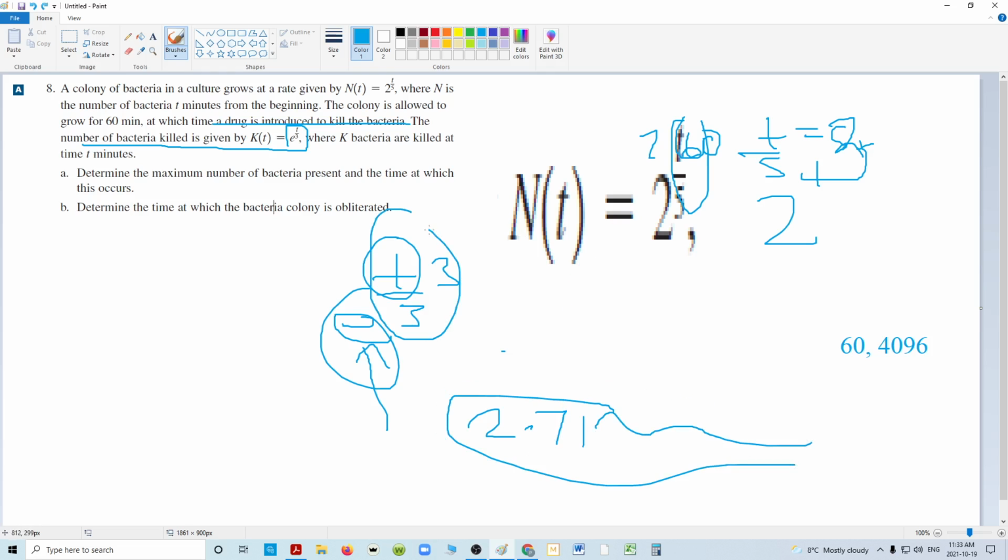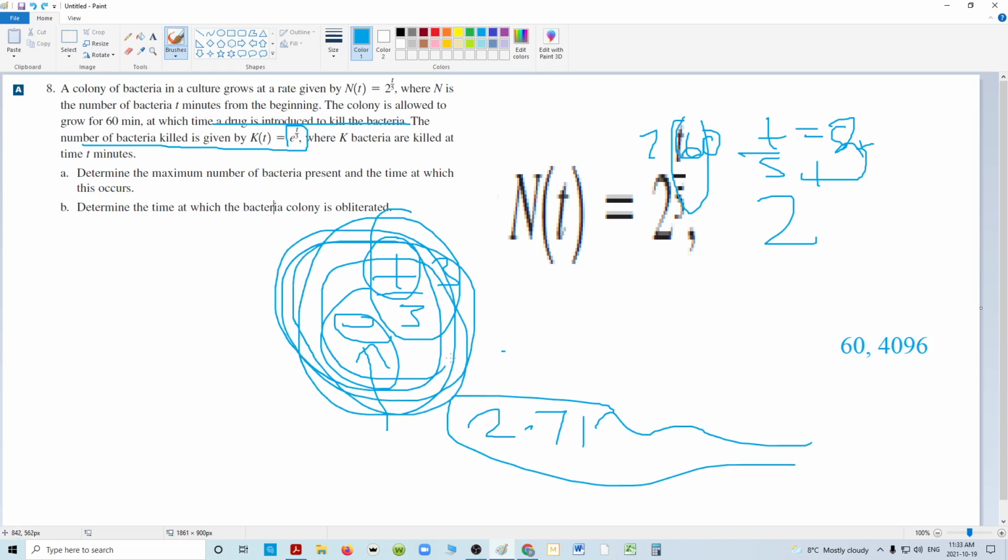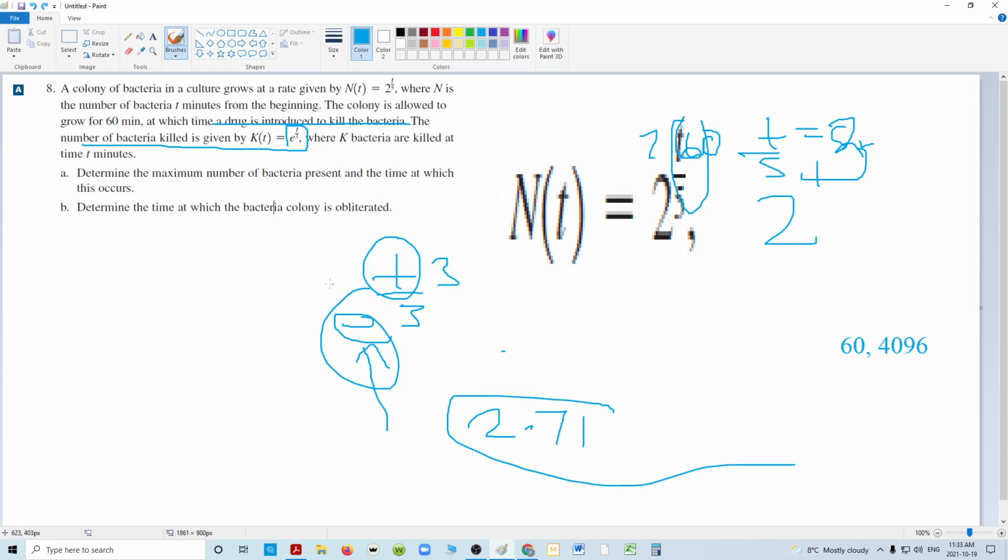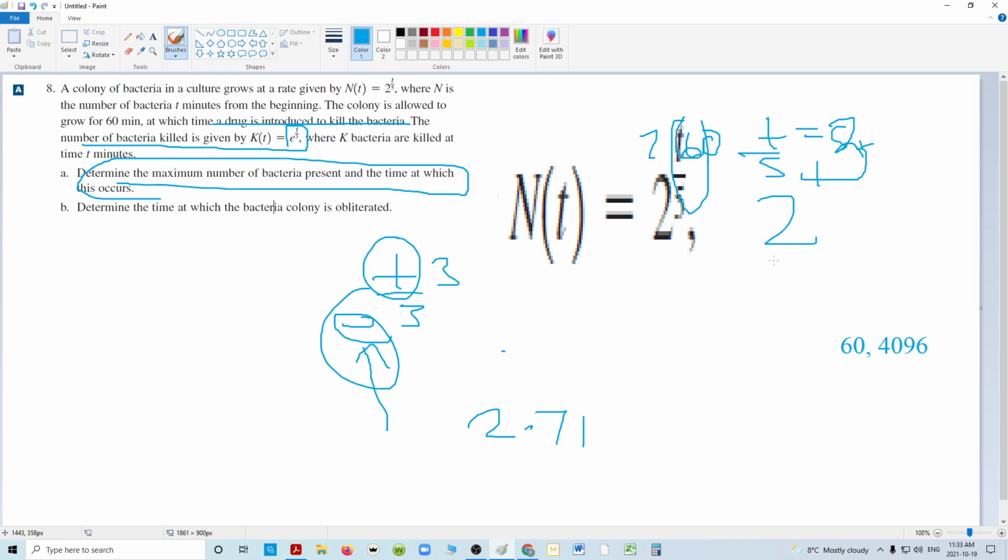So not only is this antibiotic killing bacteria faster than the original rate, it has a bigger base. Determine the maximum number of bacteria present at the time when they introduce it. Well, that's 4,096. It's right there. And determine the time at which the bacteria will be obliterated.